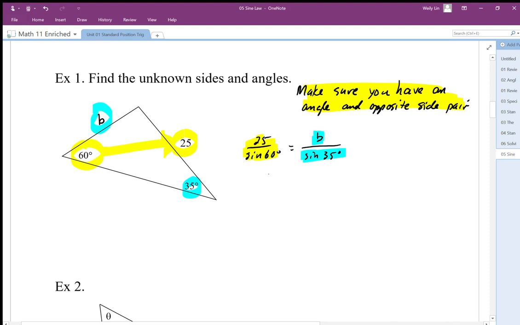So solving for this, I'm just going to rearrange this first. I'm going to end up with sine of 35 degrees over sine of 60 degrees times 25 is equal to B. And the reason we have to use sine 60, we can't use 60, is because a 60-degree measurement is just some random measurement that has nothing to do with length.